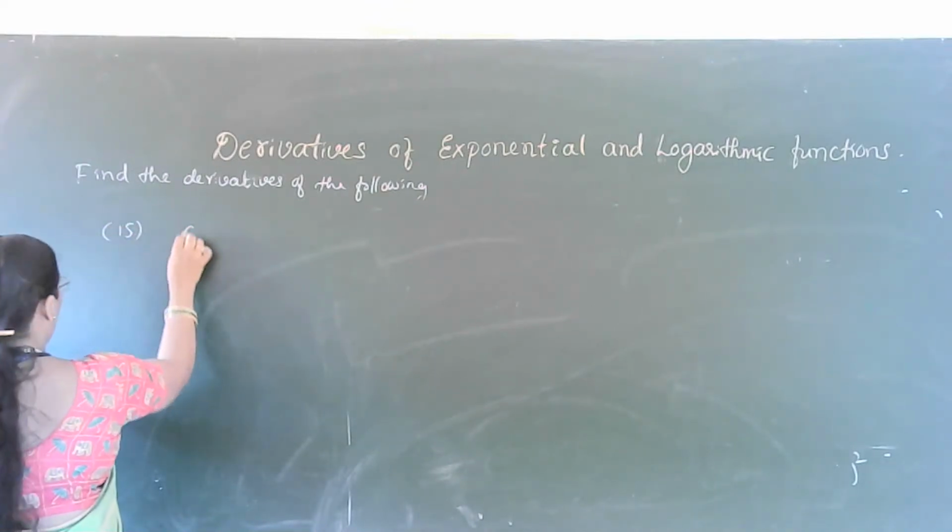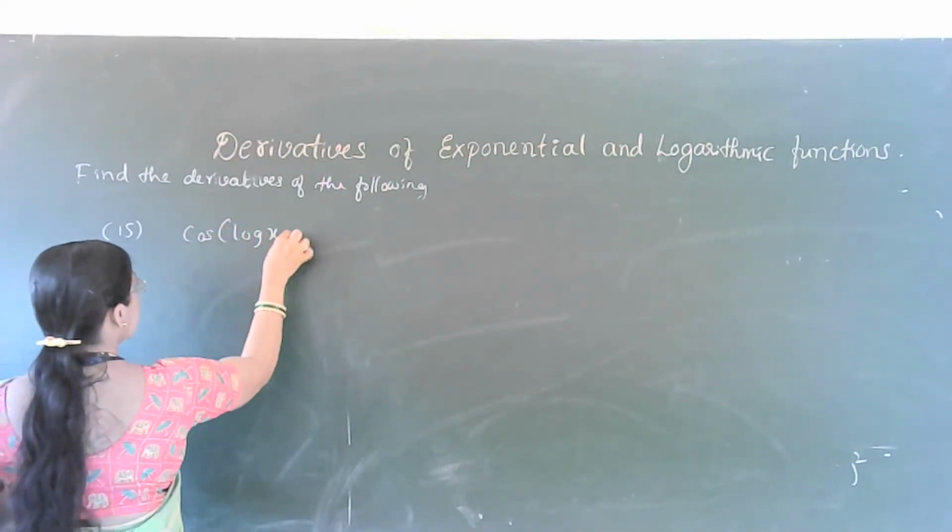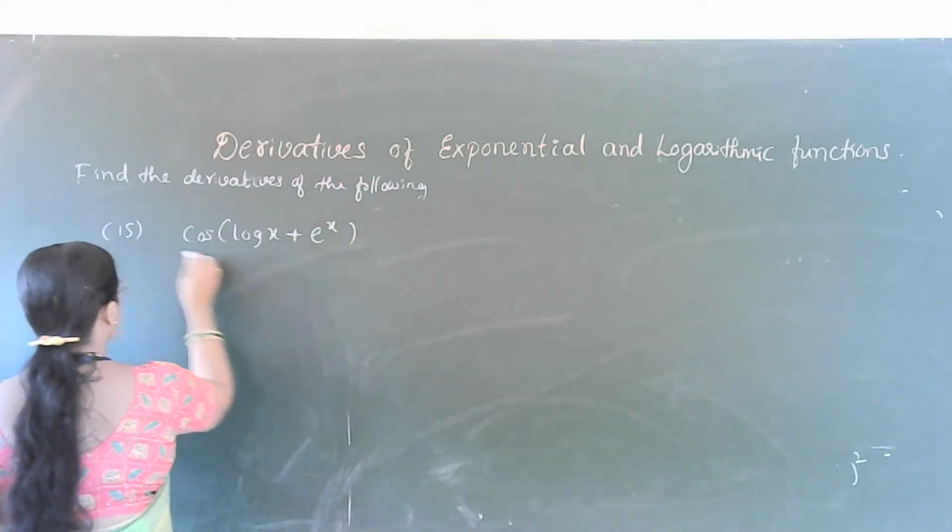Problem 15: y is equal to cos of (log x plus e to the power x).